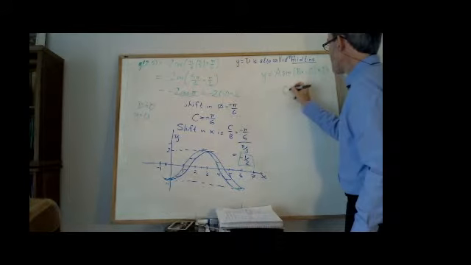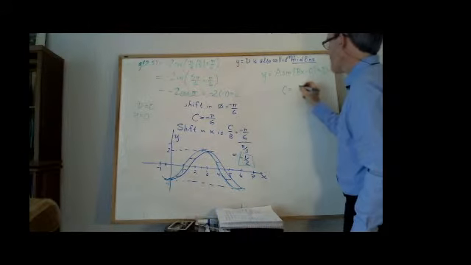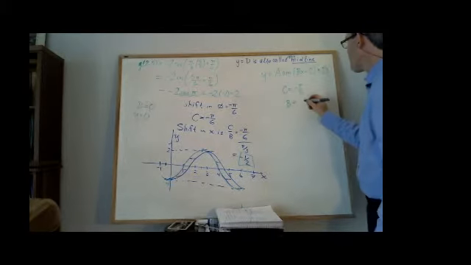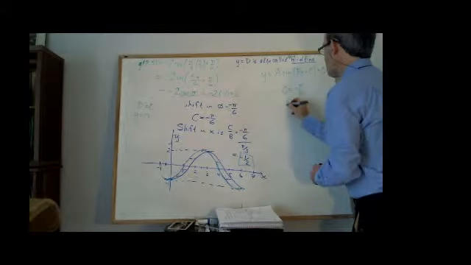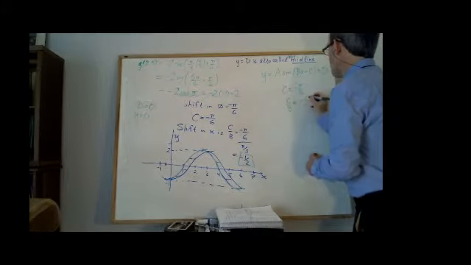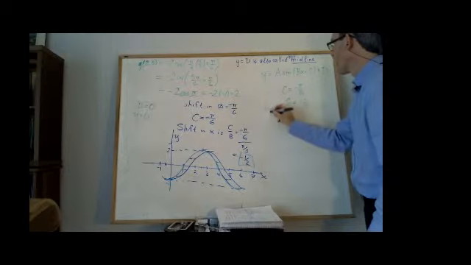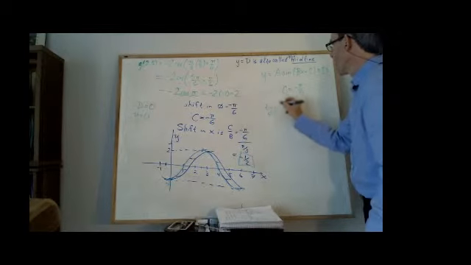C. So C is, in the last problem, minus pi over 6. So it's a shift to the left. But that's the same direction as the shift, as a time shift, which is C over B, which is minus 1/2. So this is a time shift. This is the phase shift.